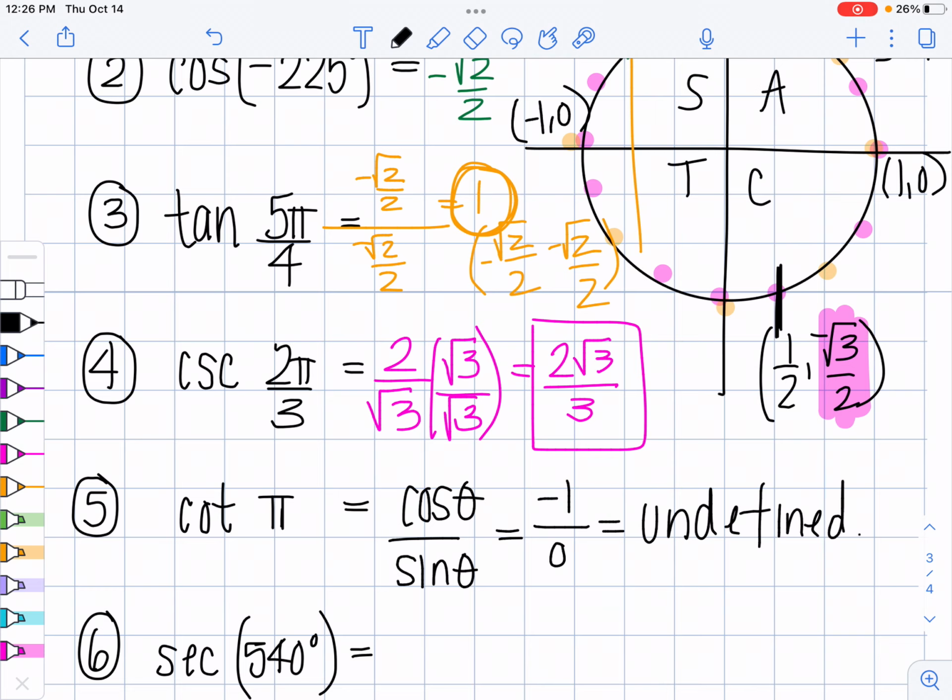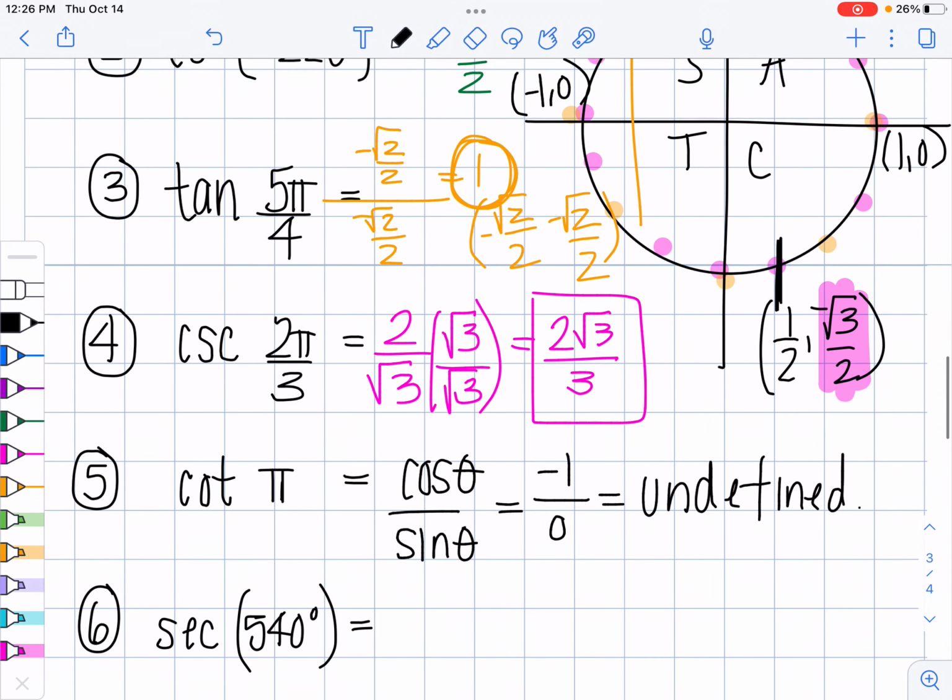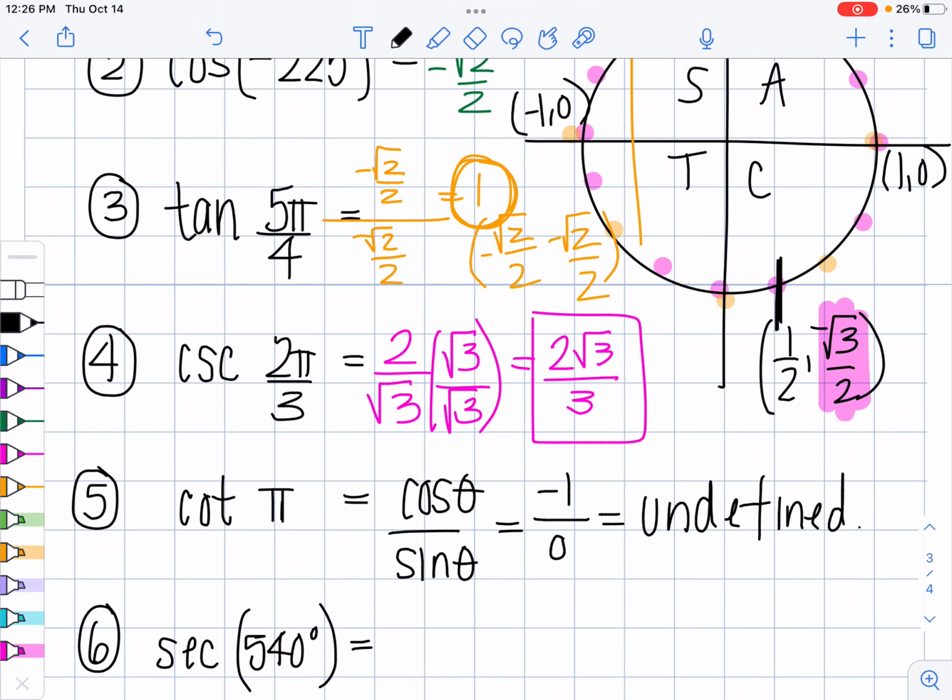Okay, last one. Secant of 540 degrees. So I'm literally just going to go around my unit circle and count until I get 540 degrees. The alternative is you could take away 360.